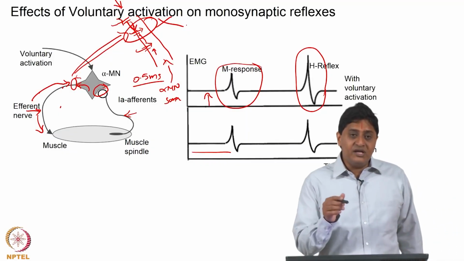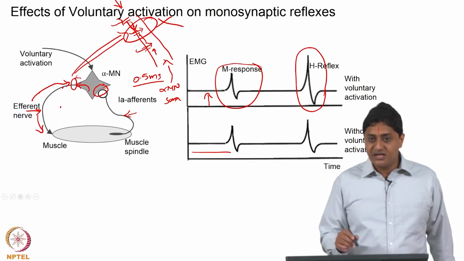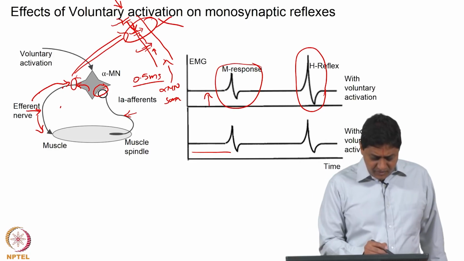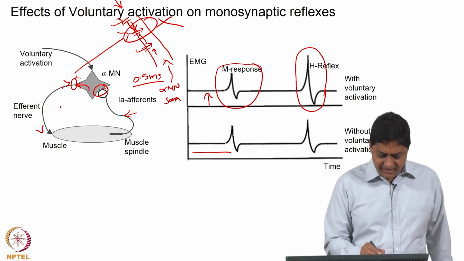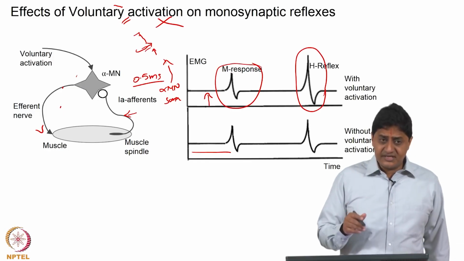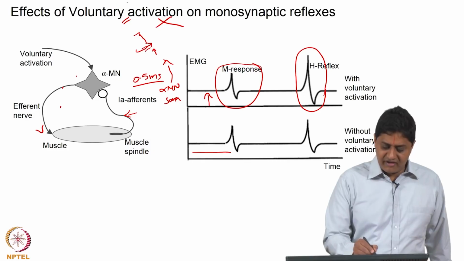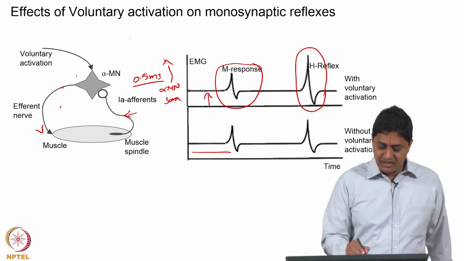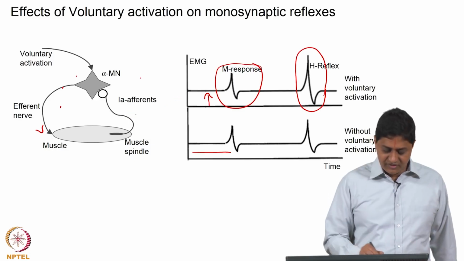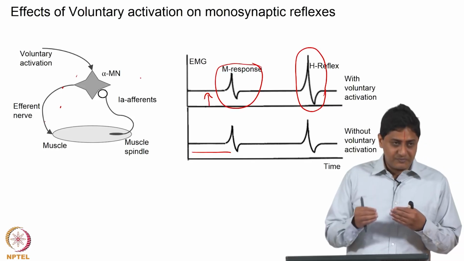But this could happen only in a few of the 1A afferents and alpha motor neurons, but not others, which is why what you will see is, as the stimulus amplitude is increased, in some of these 1A afferents and alpha motor neurons this phenomenon that was just now explained will happen, and a smaller amplitude response is seen, but the others will continue to respond.